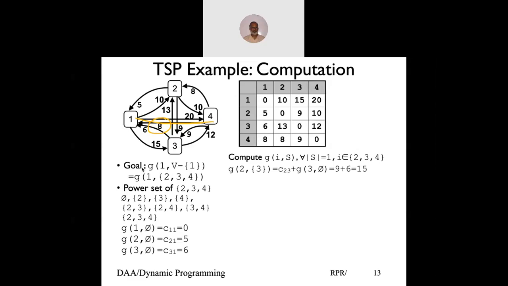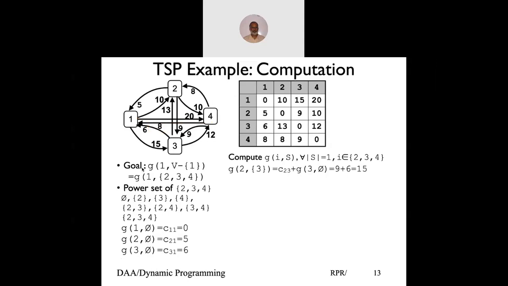We can write it here, C41, which is basically 8. We'll depend upon that. Now we look at computing all these sets which are of size 1.